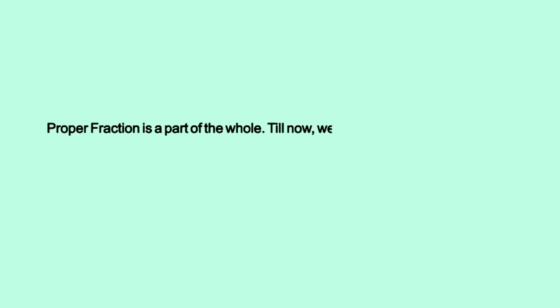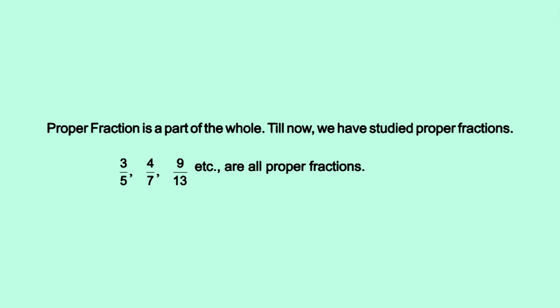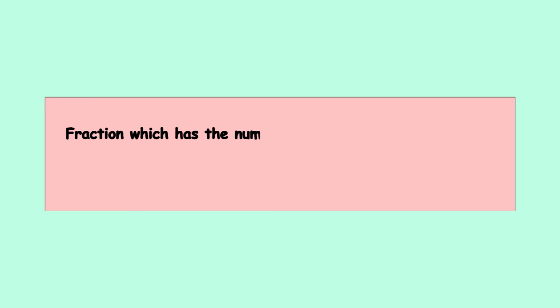Till now, we have studied proper fractions. 3 by 5, 4 by 7, 9 by 13, etc. are all proper fractions. A fraction which has the numerator less than the denominator is a proper fraction.